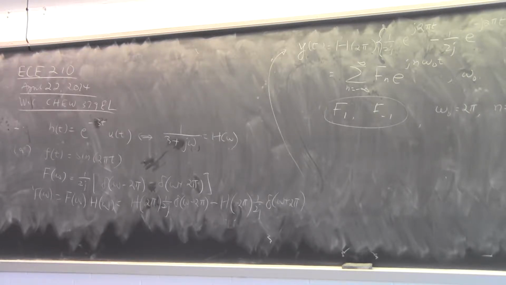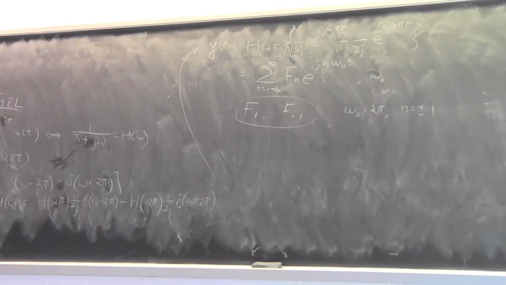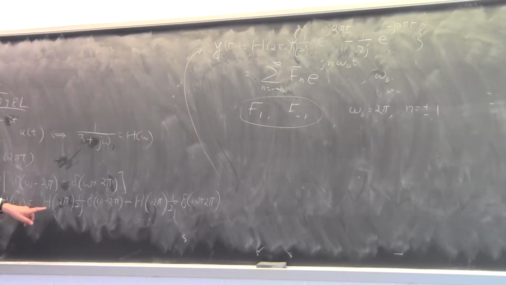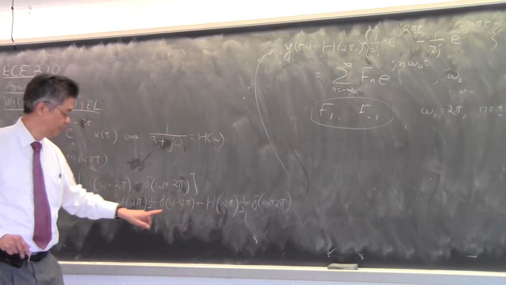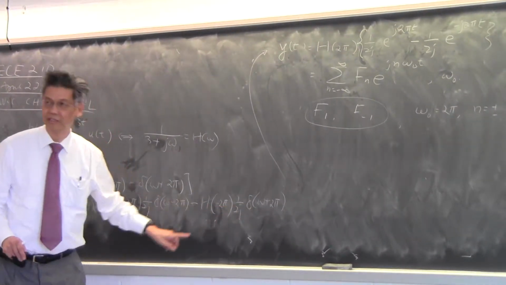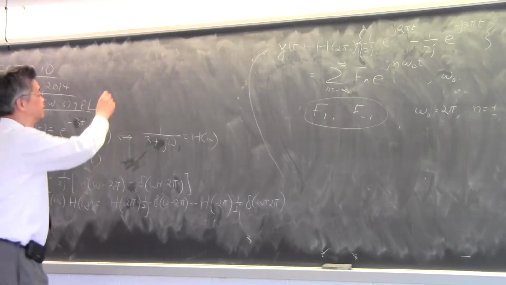So let's go to chapter 11 if you're done with this. Okay? Let's go to chapter 11. So here I'm using the shifting or the sampling property of the delta function.